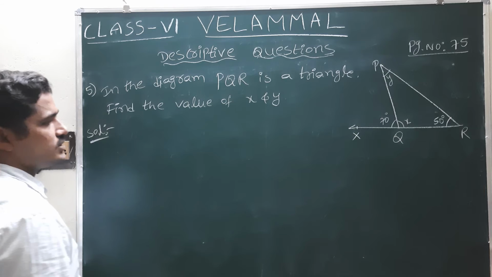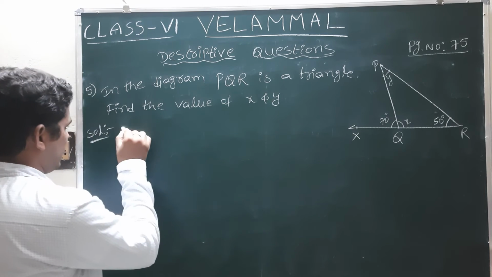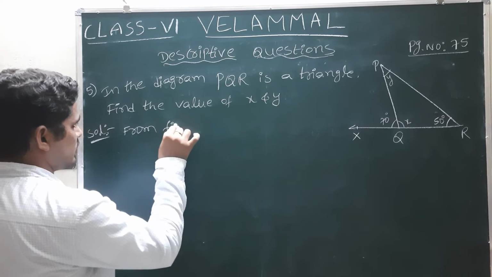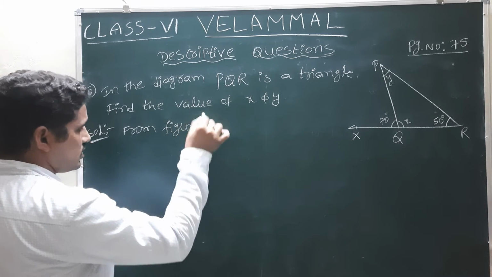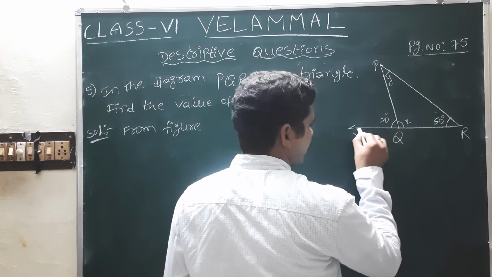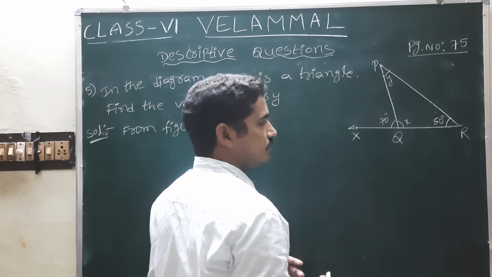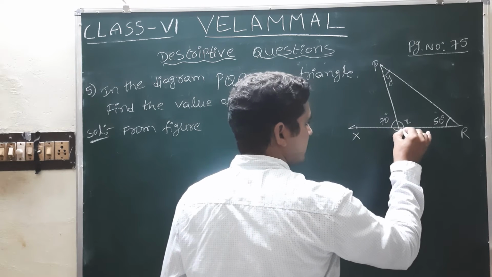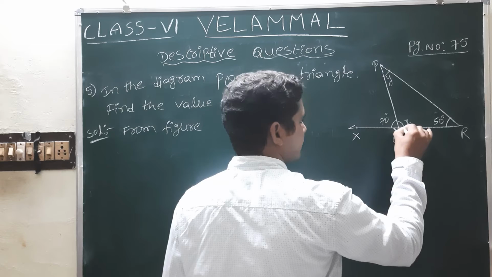If you observe this from the figure, RQX is a straight line. RQX is a straight line. So by that we can say this angle will be 180 degrees.